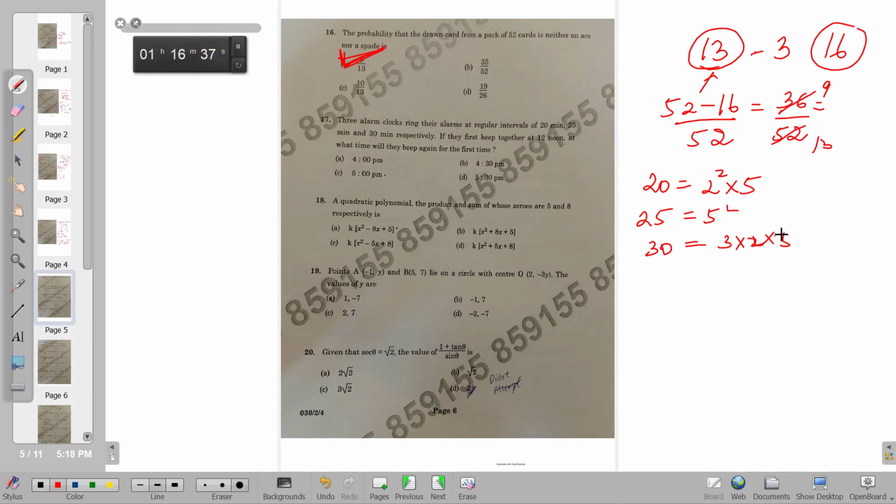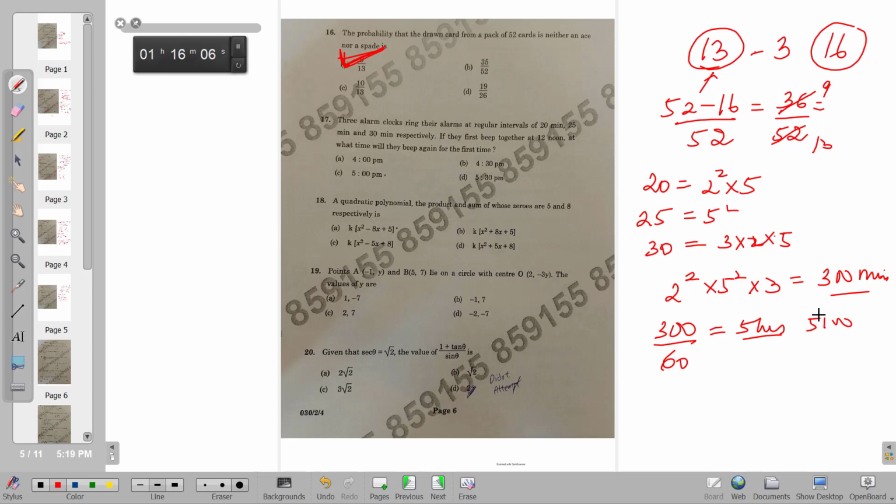The LCM will be 2 square into 5 square into 3, which is 10 times 10 times 3, so 300 minutes. They will beep again after 300 minutes. 300 divided by 60 is 5 hours. So they will beep again together at 5 p.m. So 17 answer is C.